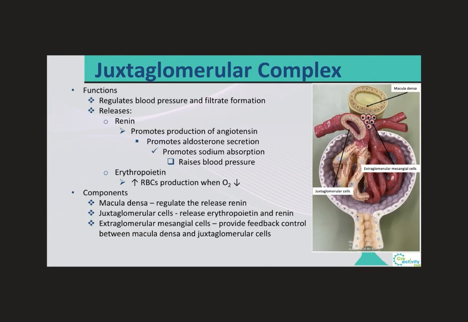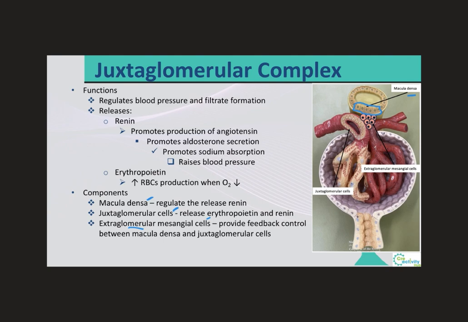Now, the juxtaglomerular complex is this structure that's made up of three components: the macula densa, the juxtaglomerular cells, and the extraglomerular mesangial cells. The macula densa, as we can see over here, is made up of these 6 or 7 columnar cells that are present right over here in the distal convoluted tubule.